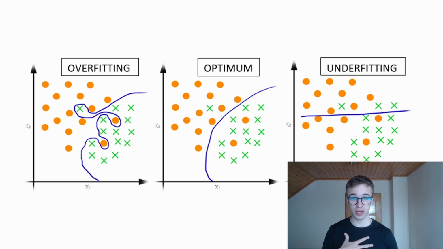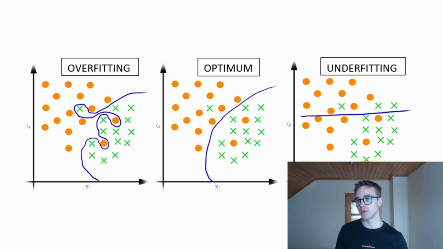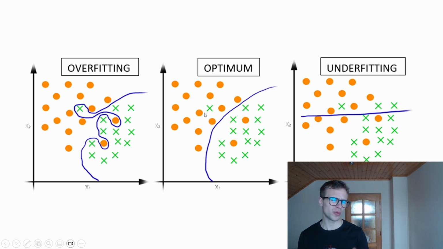If we won't use this lambda parameter, our model will perform like this. It will fit the line that will match every point. We don't want that because it won't generalize on the new points.